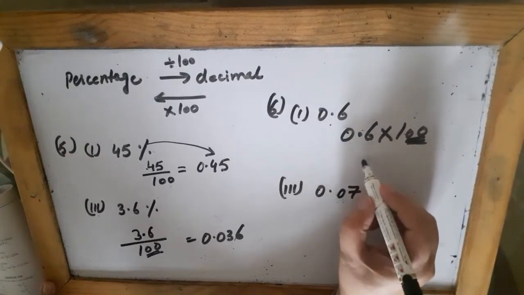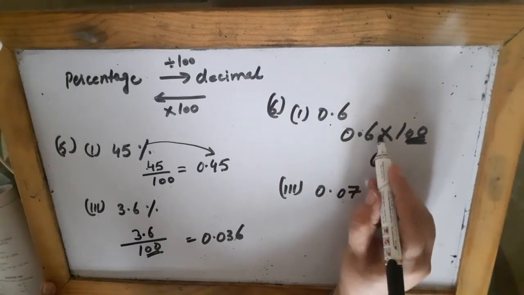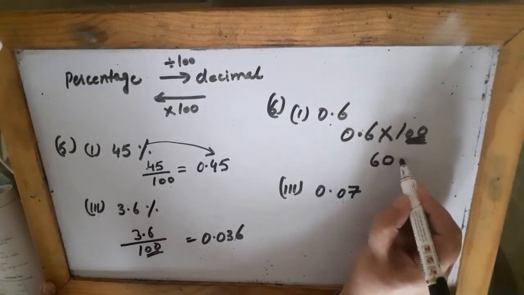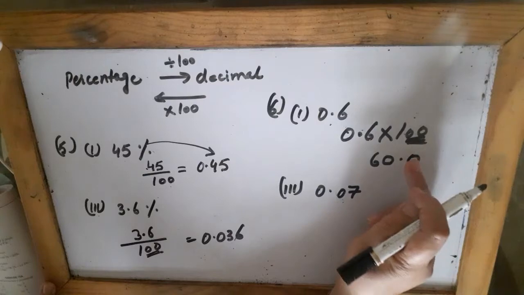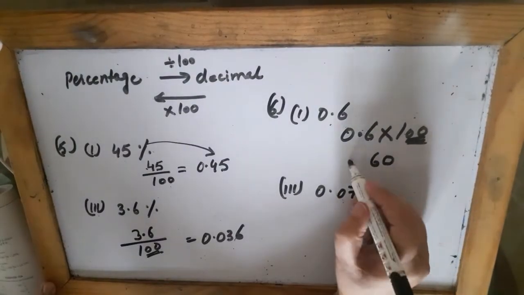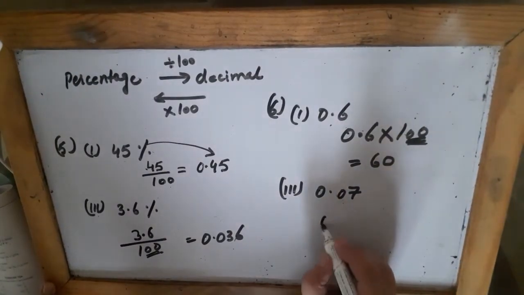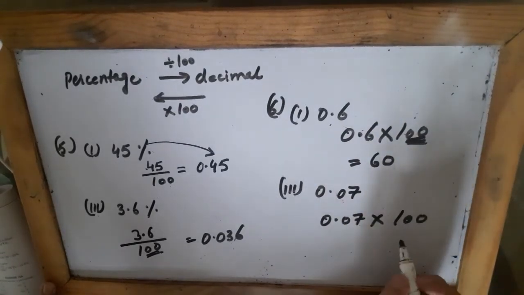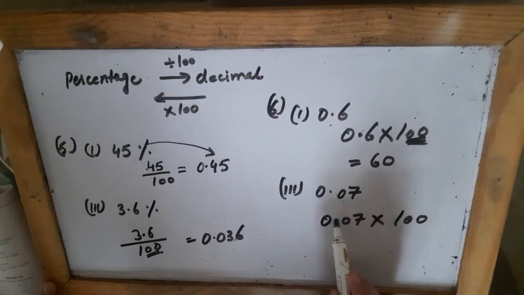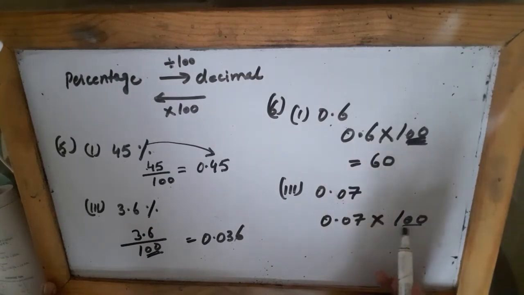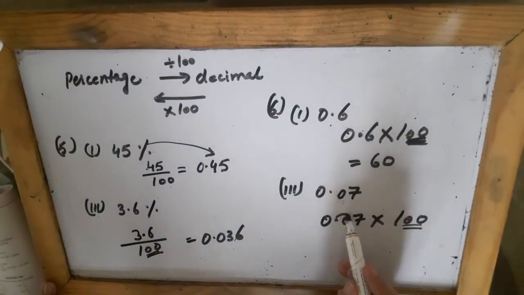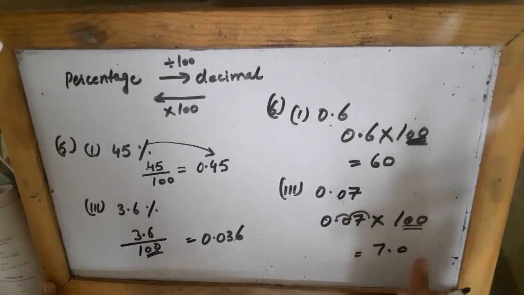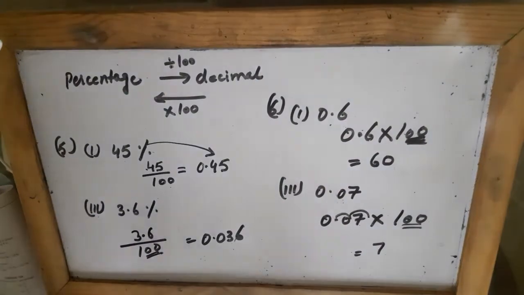So this point will come after 6, one place, and it means I have to add one more 0 and it will become 60.0, or you can write only 60. Now 0.07, to convert this into a percentage I have to multiply by 100. So when I multiply by 100, this will shift 2 places because there are 2 zeros, 2 places forward, 1 and 2, so it will become 7.0, or you can say only 7.